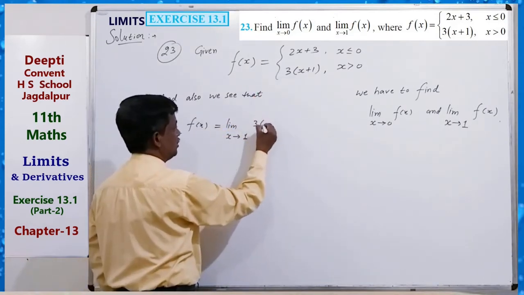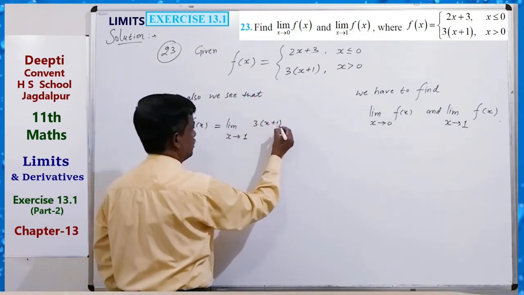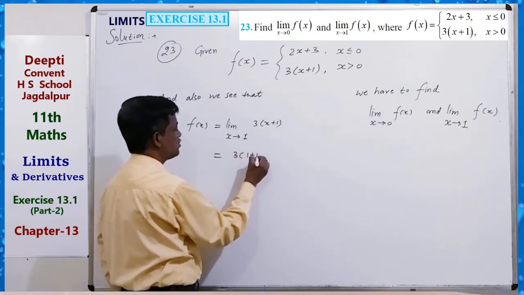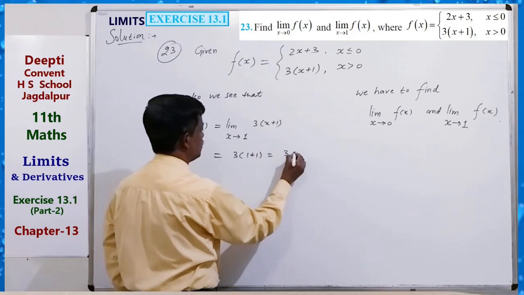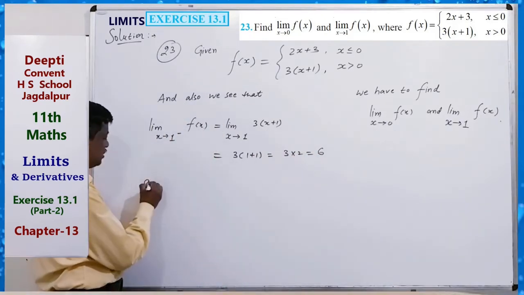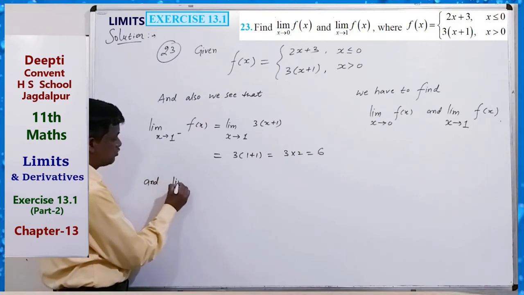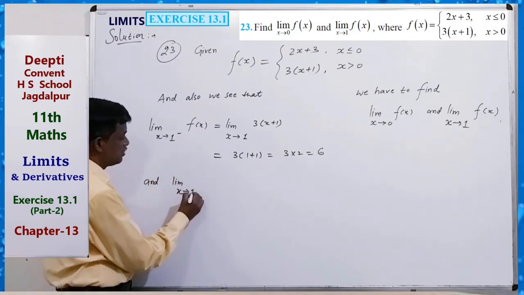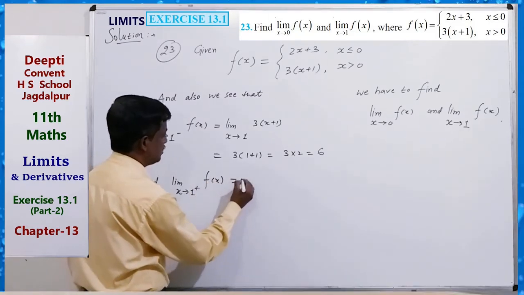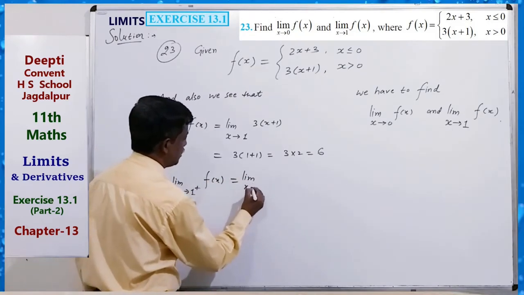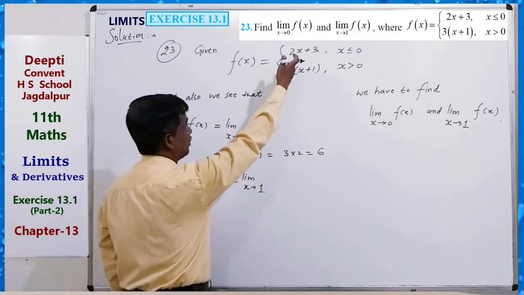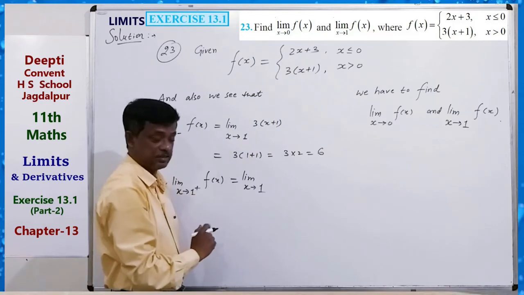So 3x plus 1. This is equal to what? 3 times 1 plus 1 equals 3 into 2 equals 6. And also for the right hand limit, x tending to 1 plus, we use the same 3x plus 1.